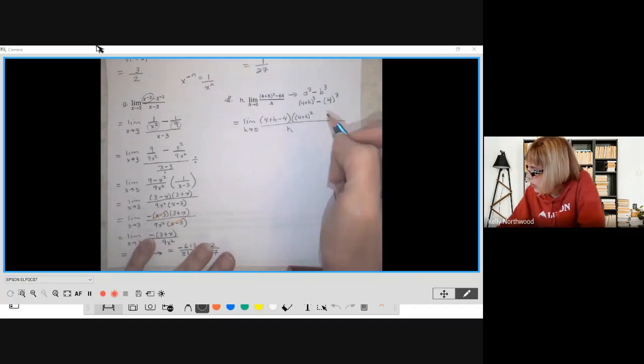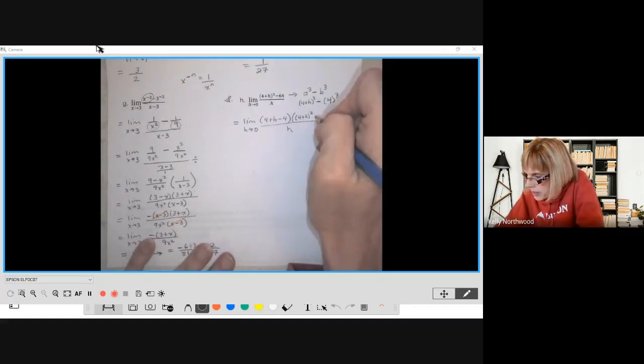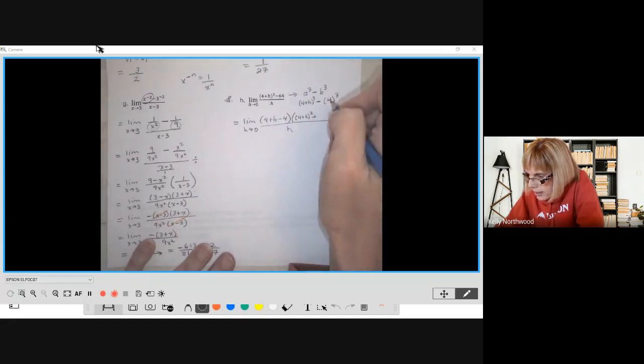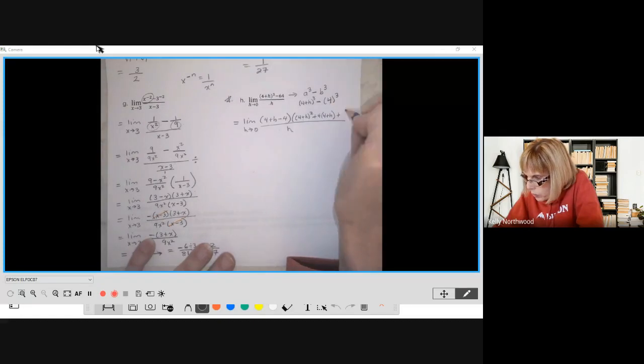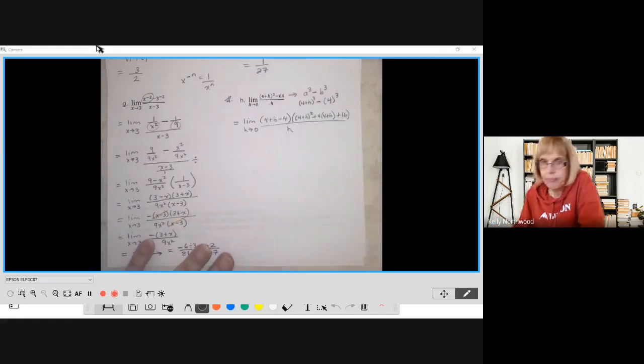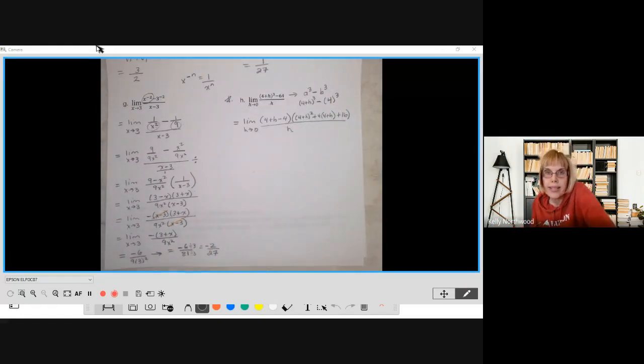Okay, so that's my first term, and then I need plus A times B. So that's going to be 4, that's my B, times (4 plus H). And then plus B squared. So 4 squared is 16. So that's the numerator factored as a difference of cubes.